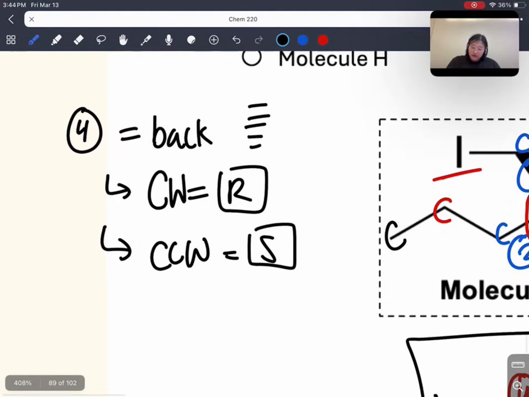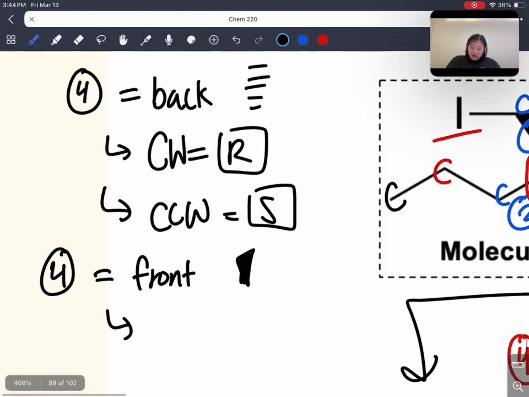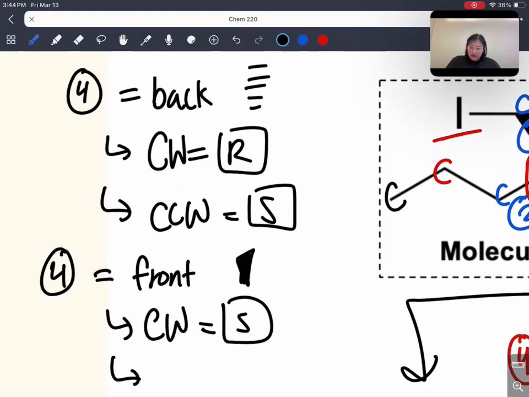If your lowest substituent group is in the front, a wedge, then the directions flip. So if you have clockwise, you're going to have an S chirality. If you have counterclockwise, you're going to have an R chirality.